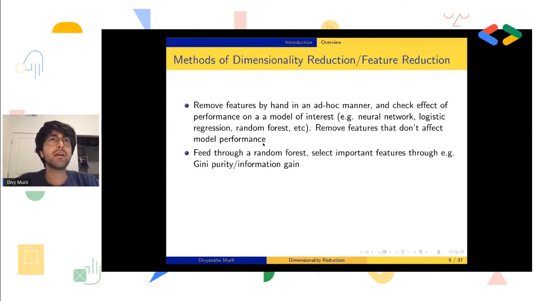But in the case where removing the feature negligibly hurts model performance, or maybe even improves it, because sometimes you can have so many features in your data set that your model gets confused and doesn't really know what to say. So removing the crappy features from your data set could, in some cases, improve model performance.